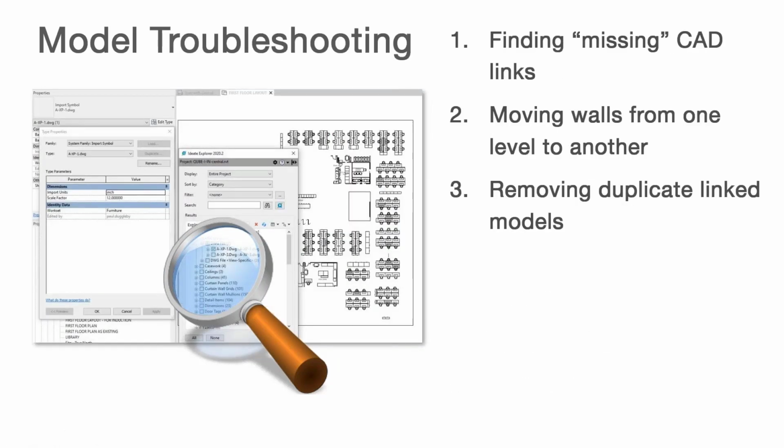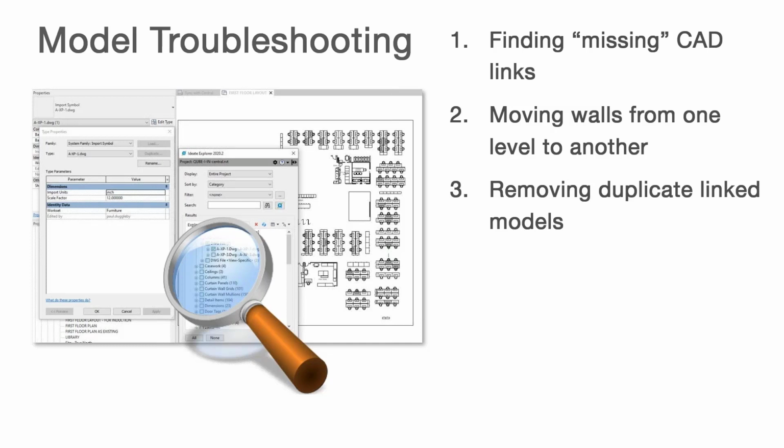So there's a couple of things that I quite often use the tool for. Missing CAD links, as we've just seen, is one of them. It's probably quite a common one, especially on existing buildings and interior fit outs where we are using CAD files as backgrounds. A couple of other things: on a couple of projects, I've been asked about moving elements from one level to another.